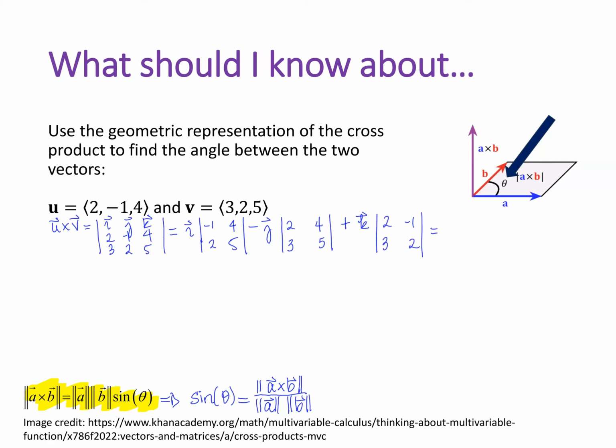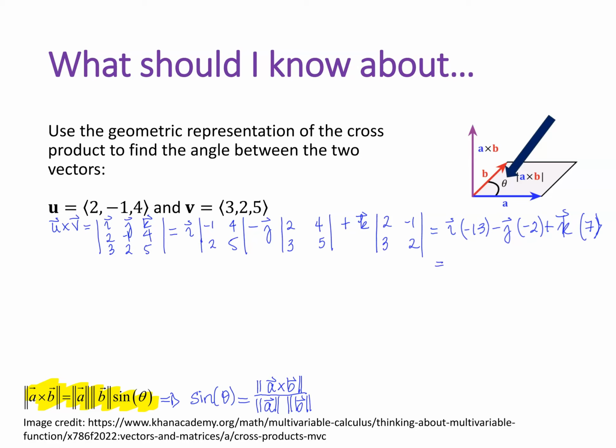So what I end up with is vector i times negative 5 minus 8, so that's negative 13, minus unit vector j times this little determinant, 2 times 5 minus 3 times 4, that's negative 2, plus unit vector k times 4 minus negative 3. 4 minus negative 3 is a 7.